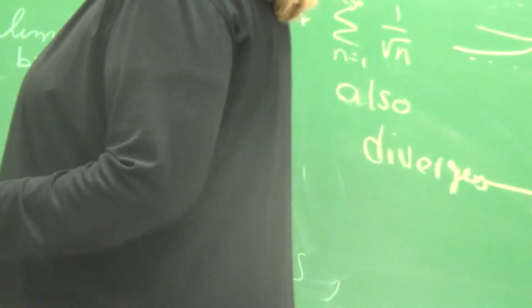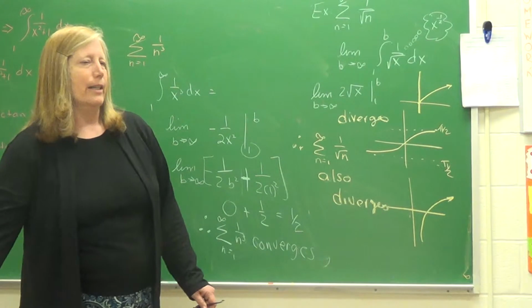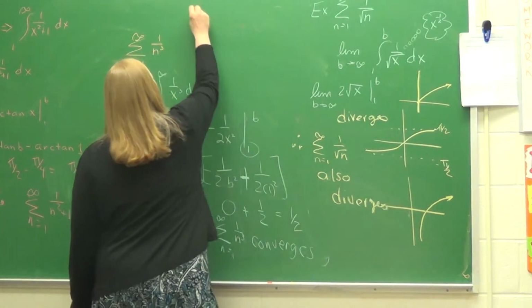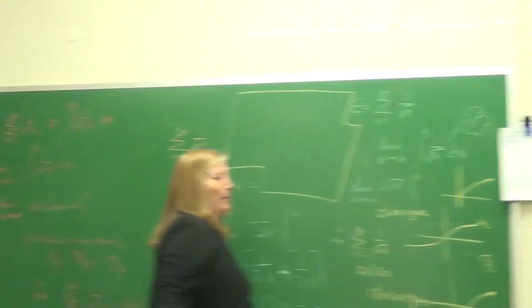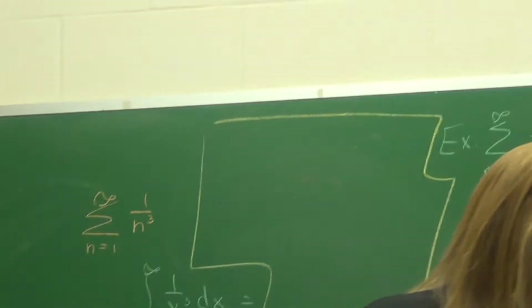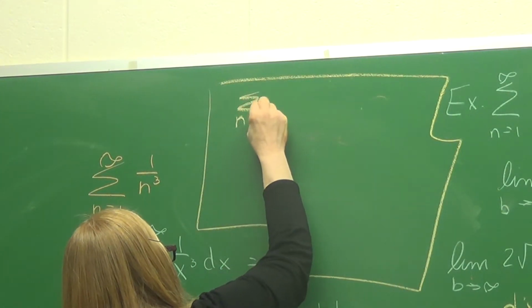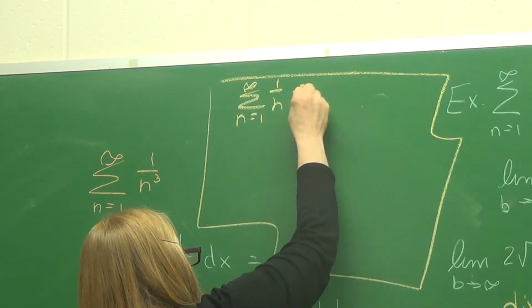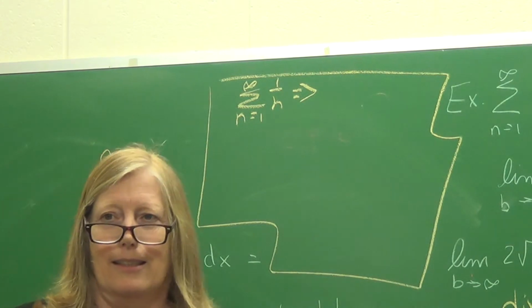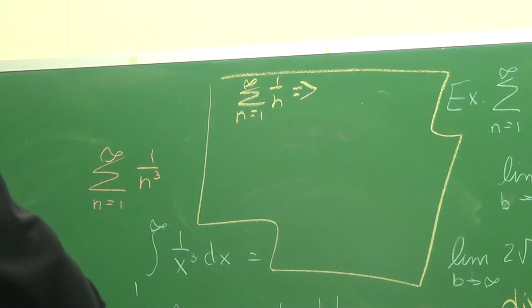I just have a closing comment before I give your assignment. See if you can make an observation similar to one you made before. When we did this series earlier today, did it converge or diverge? It diverged.